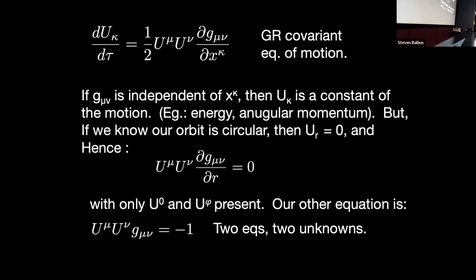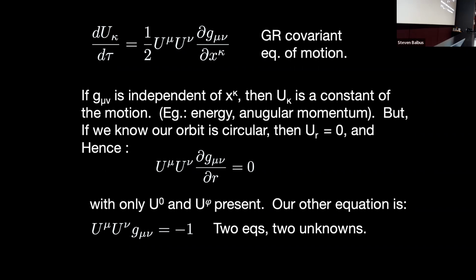And one equation that in a circular orbit you have to satisfy is this one, because every four velocity ever known has to satisfy this, minus c squared when you put back the c.